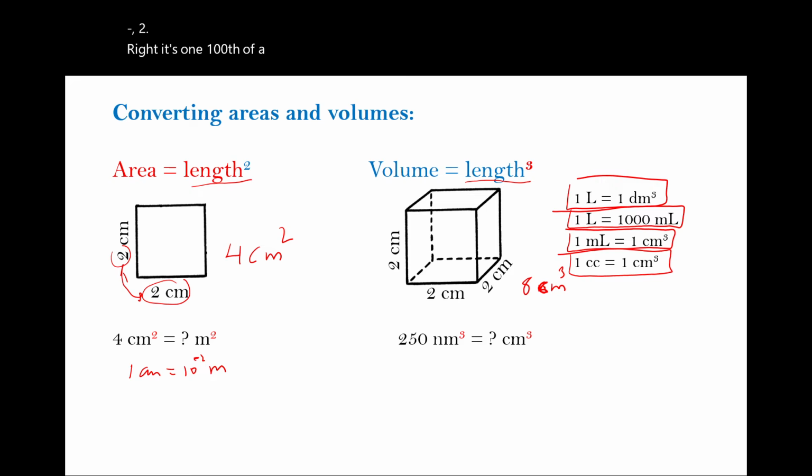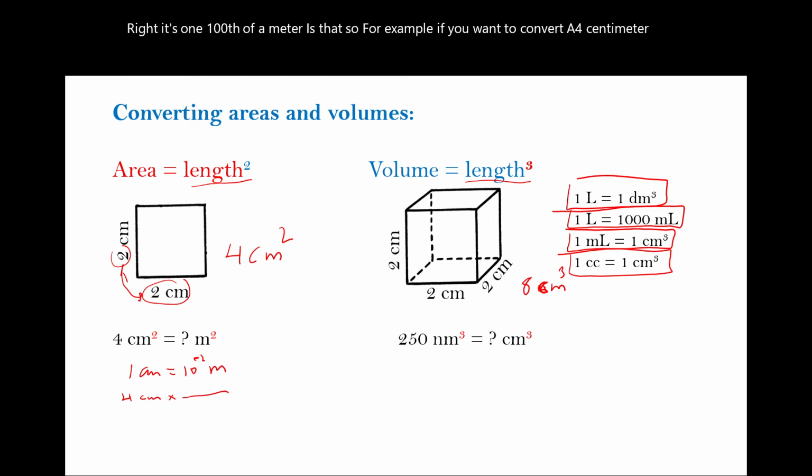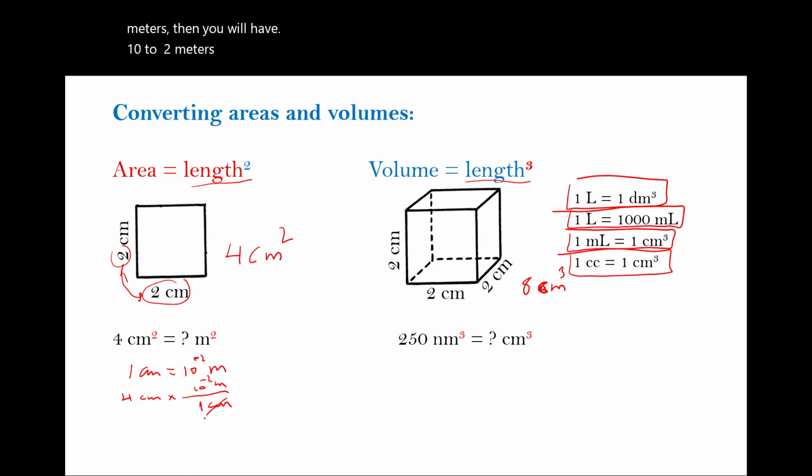So, for example, if you want to convert 4 centimeters to meters, then you will have 10 to negative 2 meters over 1 centimeter. Centimeter will cancel out, and your answer will be 4.0 times 10 to negative 2 meters.